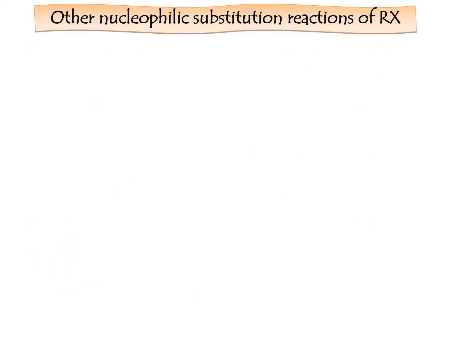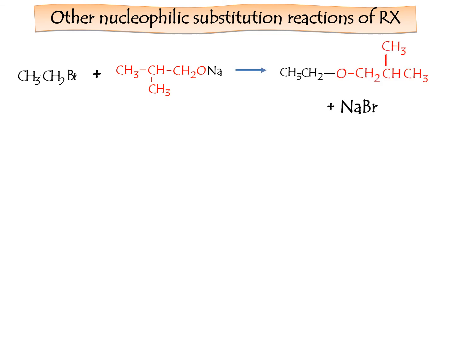The other nucleophilic substitution reaction of haloalkanes: react with alkoxide ion RO- from a salt. In this salt, the alkoxide ion is CH3CH2O-. The alkoxide ion will substitute halogen atom Br to form an ether compound.